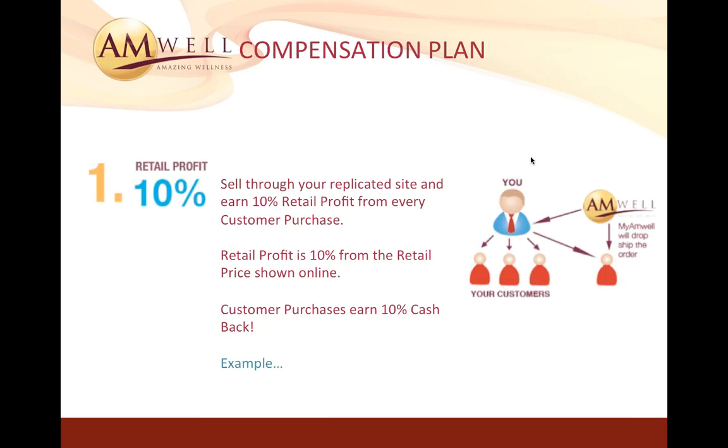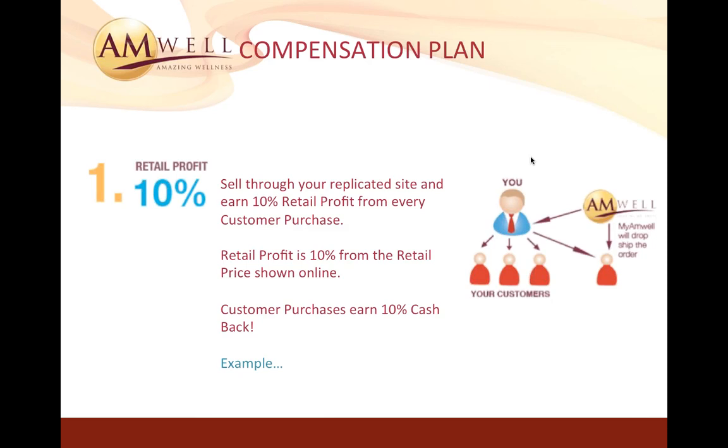We're going to go into TGB and explain that in detail also a little bit later on. So the great thing about the replicated site is if you're referring customers to your replicated site and they're purchasing as a customer, you automatically get a 10% retail profit from every customer that you refer to your site. And these are referring to people that do not sign up as a member.